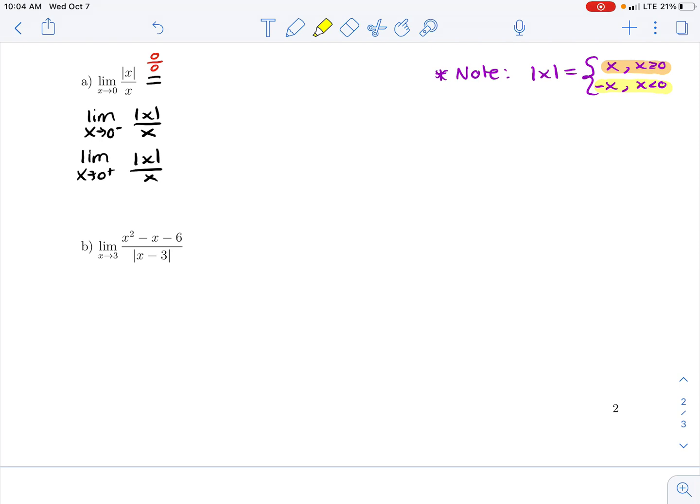And so you look at this condition and I'm saying to you, well, when x is less than 0, you want to use the negative x, right? And so in terms of a number line, if I'm saying x is less than 0, that's all the values to the left of 0. And so I want to be using negative x for the limit as x approaches 0 from the left of negative x over x.